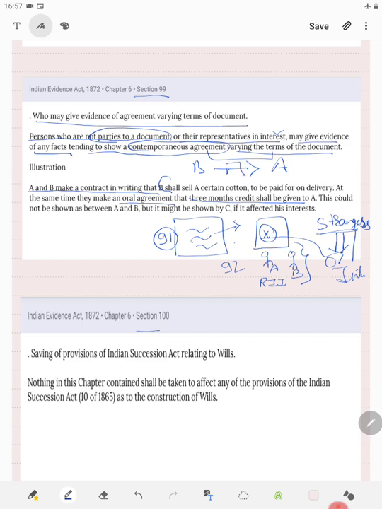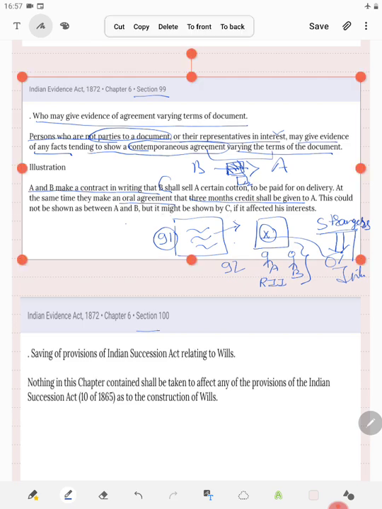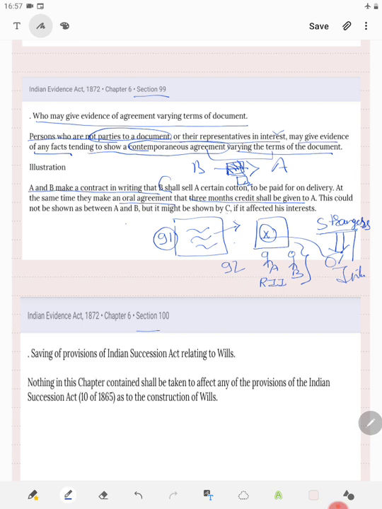So there was some written agreement and some oral agreement also. This could not be shown as between A and B, as they already have a written agreement. So the oral agreement cannot be shown by A or B, but it might be shown by C. This oral agreement can be shown by C if it affected his interest.